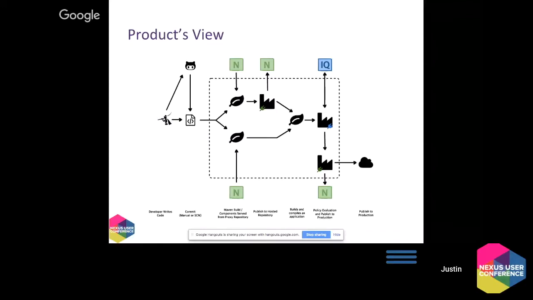The pipeline has warehouses, and it has some leaves, and things go out to repository, things go out to IQ. They still end up in the cloud. But this is probably, as I said, equally as confusing to someone. It would make sense internally when we distribute it and talk about it. But in a demo, it's hard to describe what this is and what it's doing.